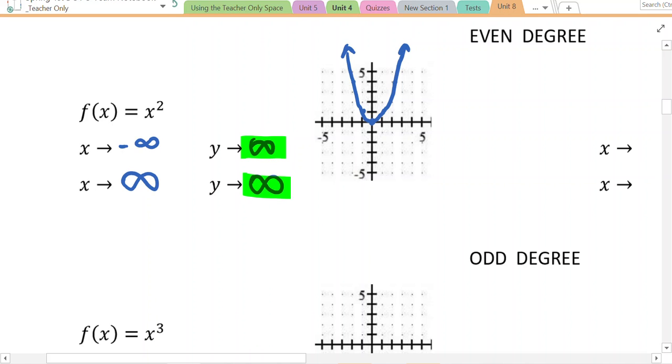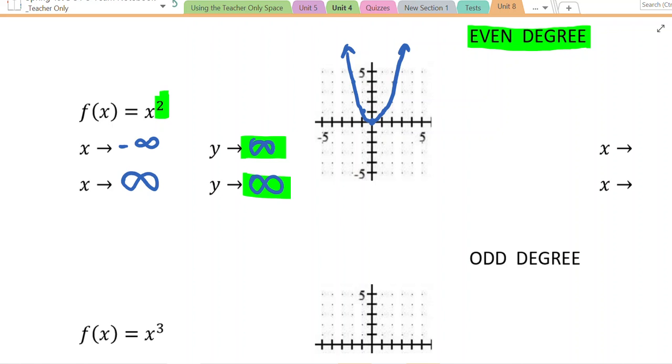Everybody see that? They both go up. And notice it is an even power. So we're doing even degree, meaning the term with the largest exponent, that exponent is even.